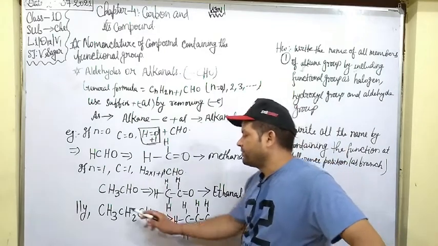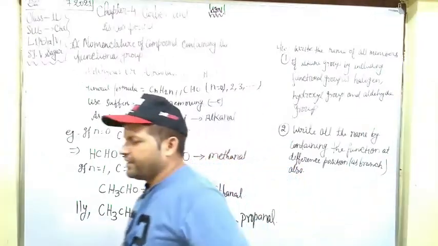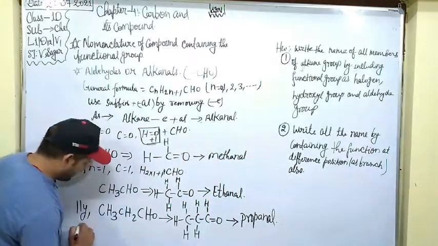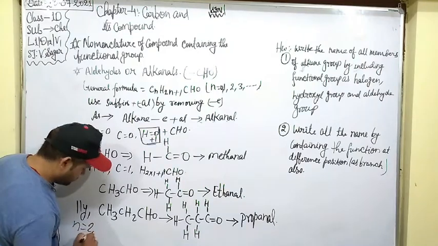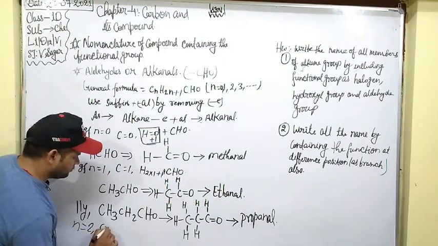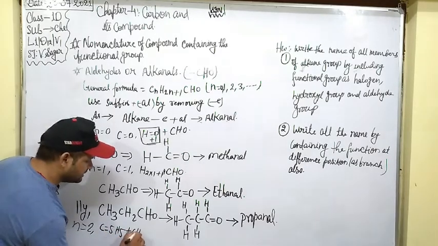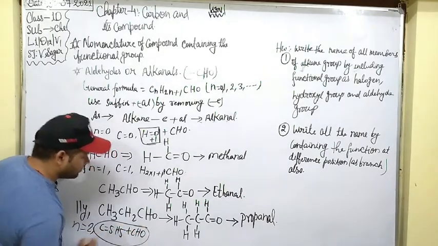Now if n is equal to 2, then C is equal to 2, H is equal to 5, and we add CHO, right?